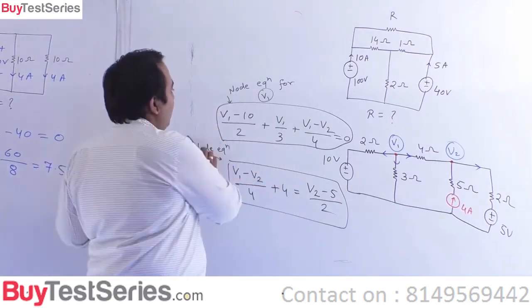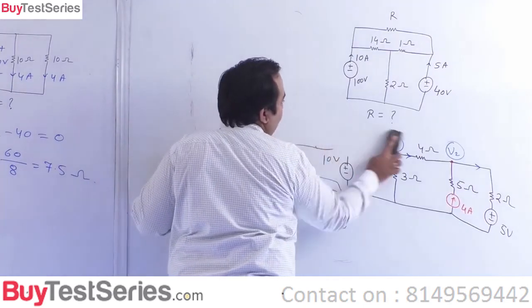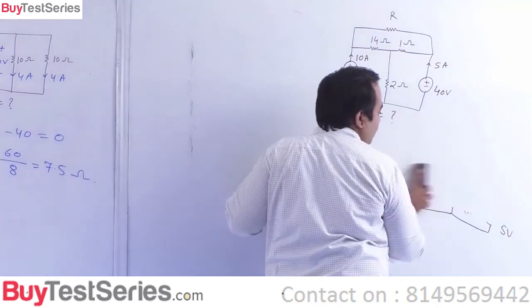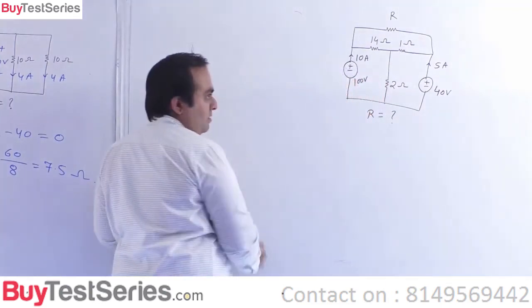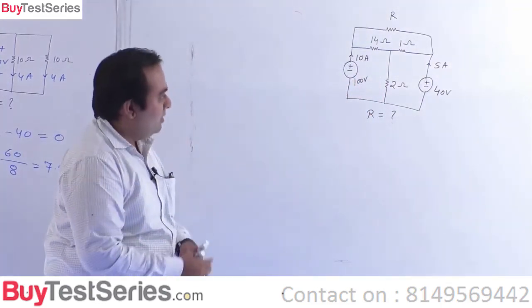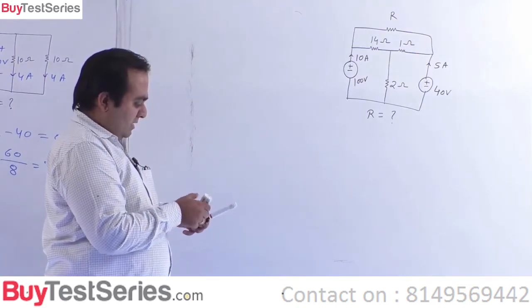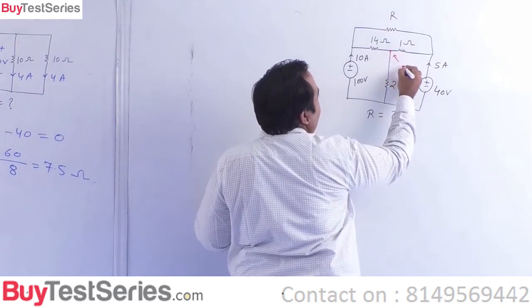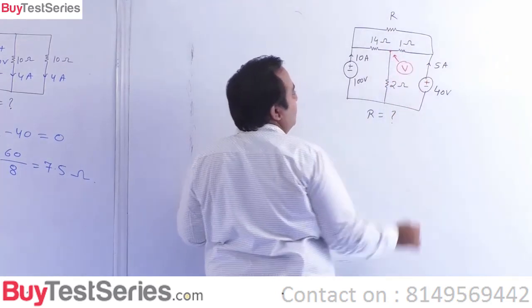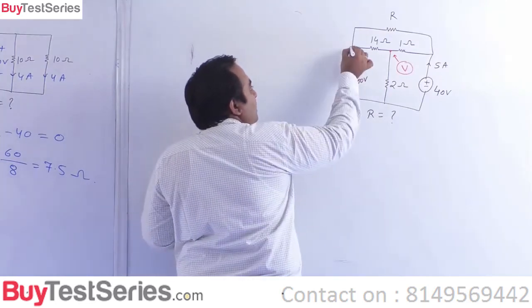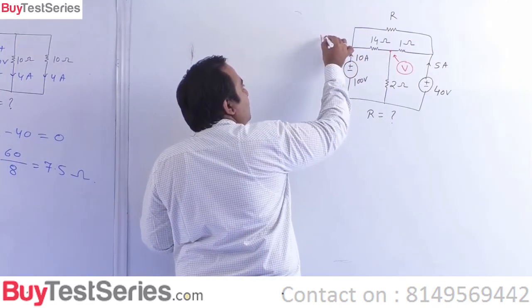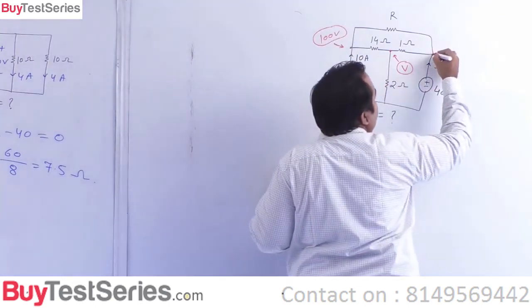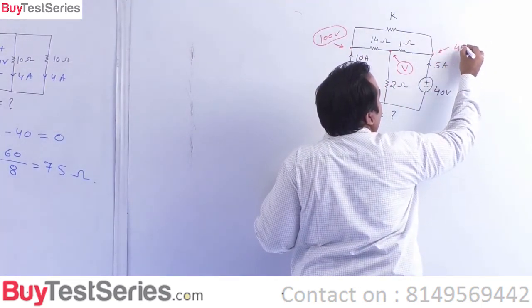Now coming to the problem of GATE, which is written here, where we have to find out the unknown resistance R. Is this okay? So let me take this node voltage as say V. This is 100 volts and this is 40 volts.